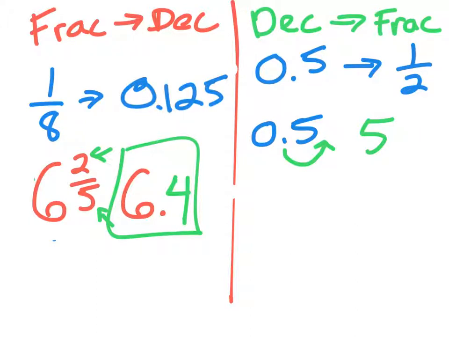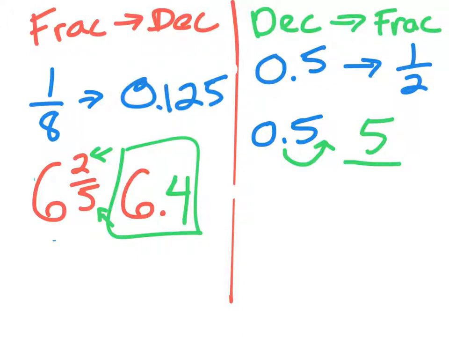What that tells us is, turning that decimal into the whole number 5 is going to give me my numerator of the fraction I'm trying to create. The movement of the decimal is going to be where that denominator comes from. But remember, a lot of you guys are thinking, oh, well, you moved it one time, so is the denominator 1? It's actually not. Remember, place values are based on tens.